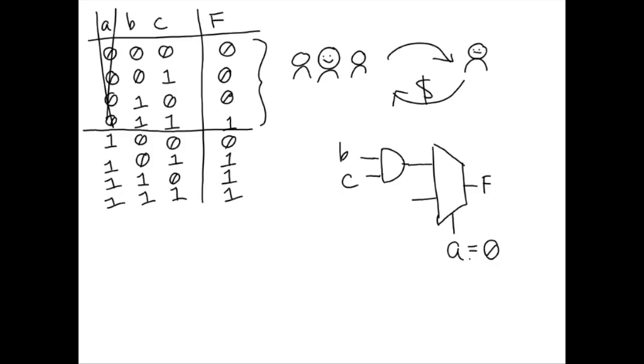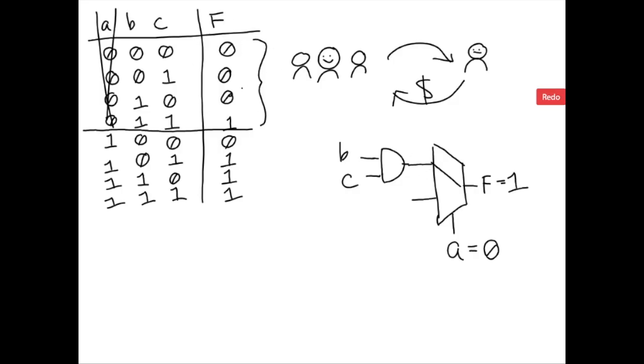So when A equals 0, we'll select this line, and then when B and C are both 0, we're going to send an output of 0 all the way to F. That's going to be the same for this second case and the third case, and then for this fourth case, when A equals 0, B equals 1, and C equals 1, we'll send an output of 1 to F. So now we've used just this line of the multiplexer to represent this whole portion of the truth table.